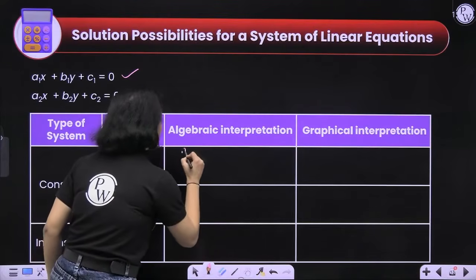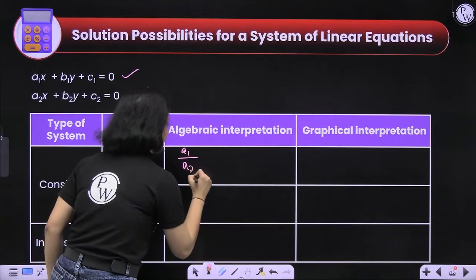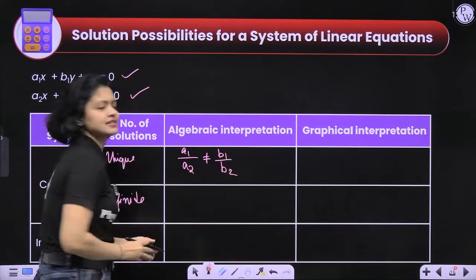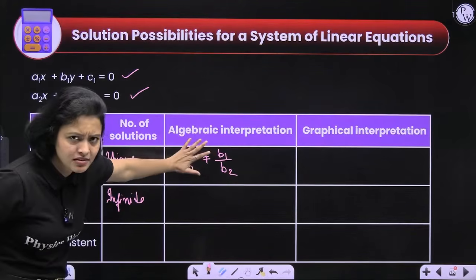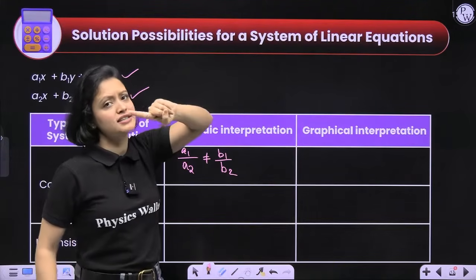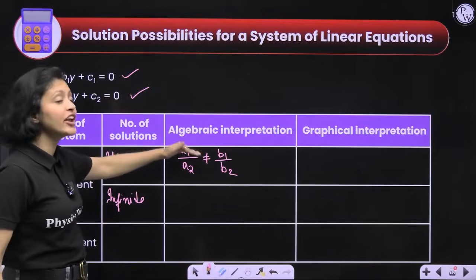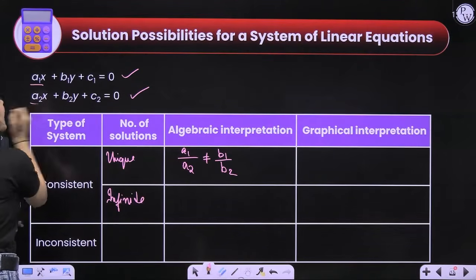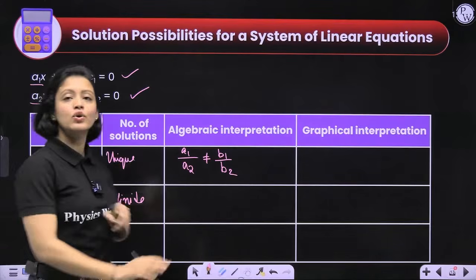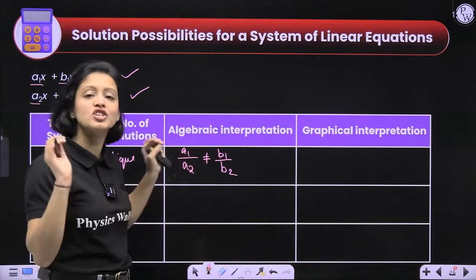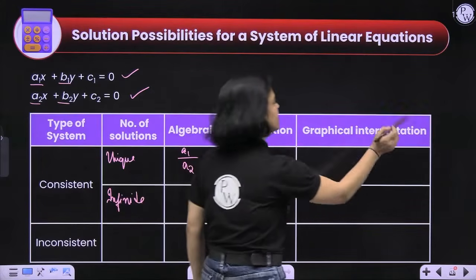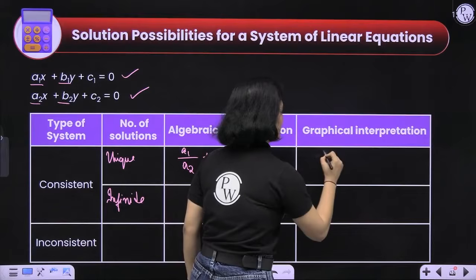You just figure out the ratio of A1 and A2, and if that comes out to be not equal to B1 by B2, that's it, guys. If this happens, then your pair of linear equations has a unique solution. It will intersect at exactly one point. Got it? C1 and C2 are not involved here. In this case, you just ignore C1 and C2. Simple. Okay. Graphical interpretation, you already know. Intersecting lines.